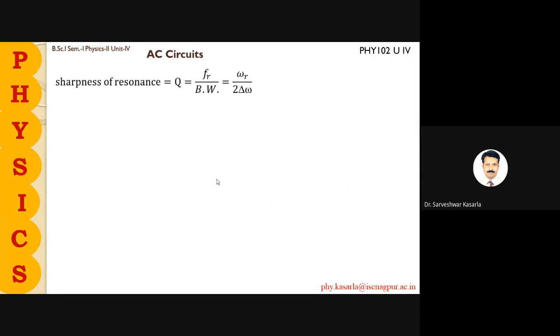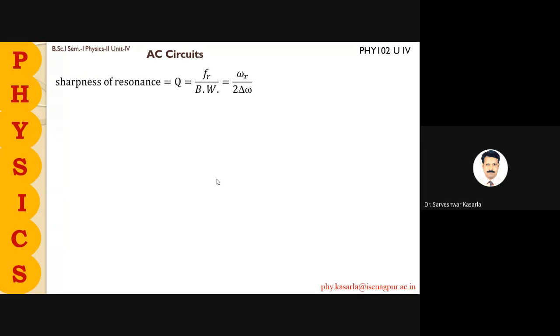Then sharpness of resonance, Q value of resonance is given by the ratio of resonant frequency upon bandwidth. So that is equal to omega R upon 2 times delta omega. Or you may write it like this, FR upon F2 minus F1. You can write like this also. Okay.